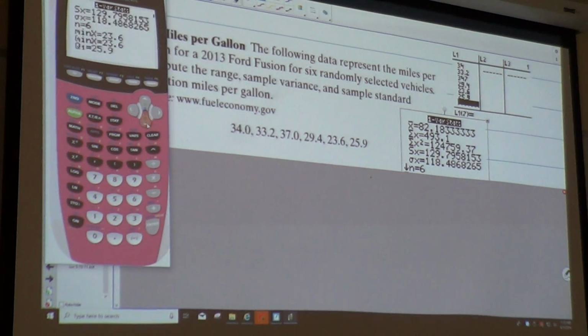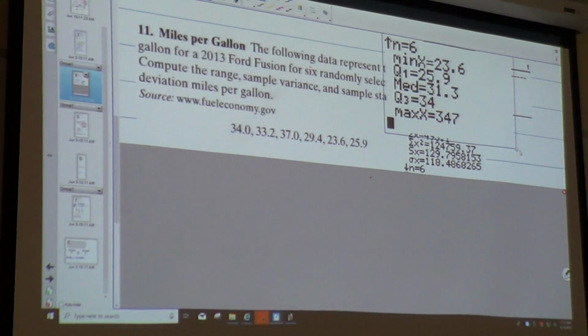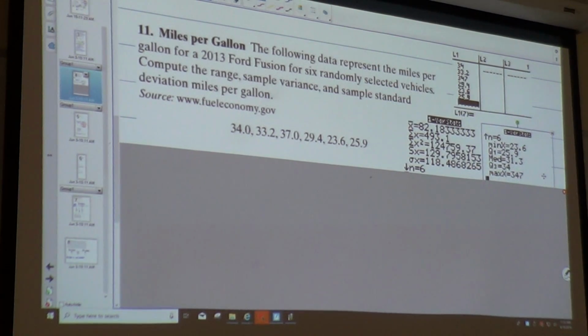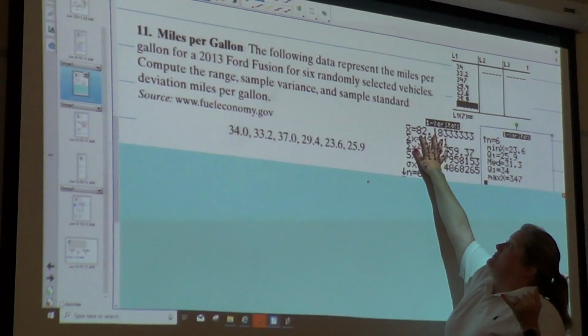And scroll down, here's page 2. Alright, so technically I could say, what is the mean? I didn't, but we know the mean would be this one.